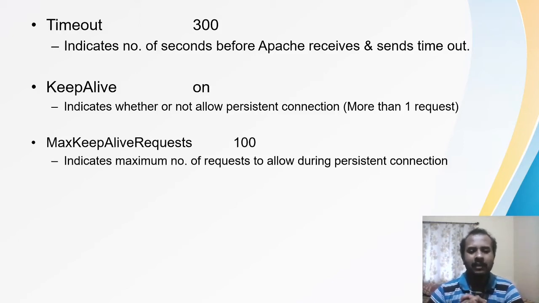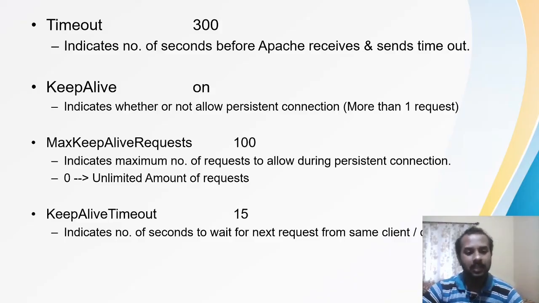Max keep alive request indicates the maximum number of persistent requests that you can have. For example, you can have 100 here, so it indicates the maximum number of requests to allow during the persistent connection. So keep alive shows that you can have the persistent connection, and max keep alive request shows how many requests can be present in that particular persistent connection.